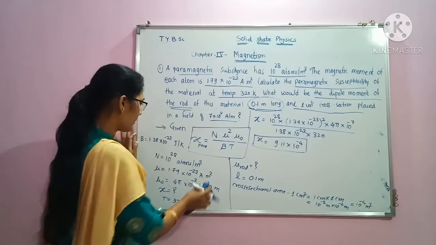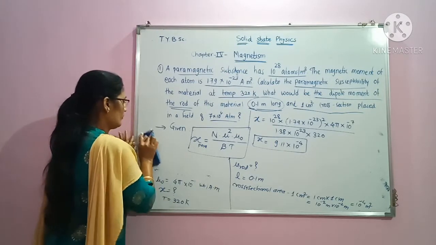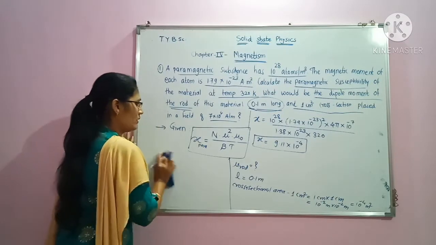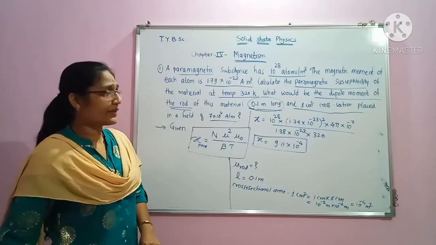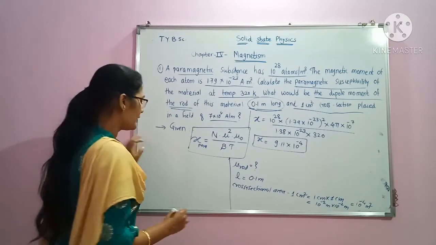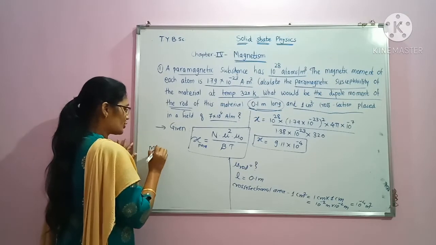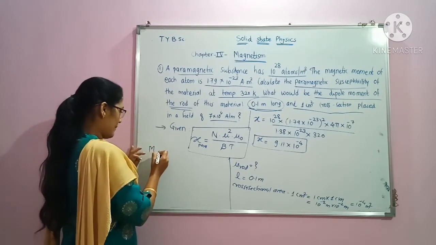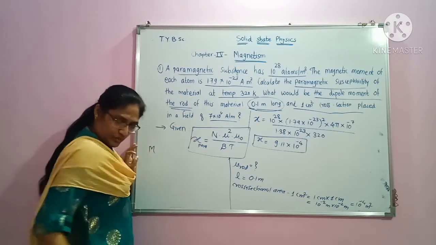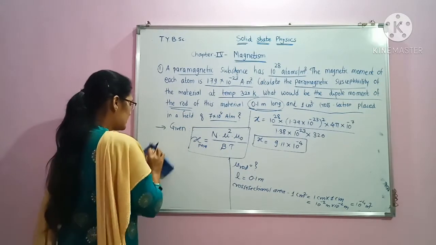Now in second part, in order to calculate the dipole moment of the rod of this material, we have to initially calculate the magnetization produced. We know the formula for susceptibility.